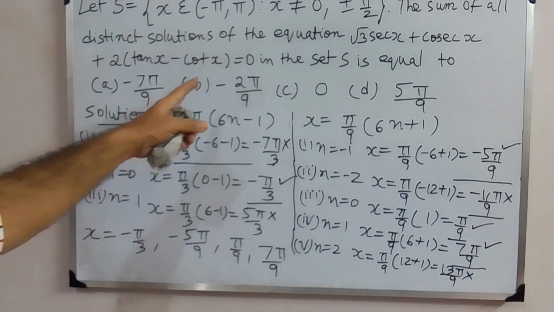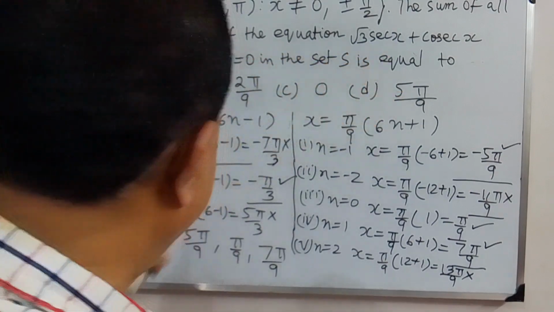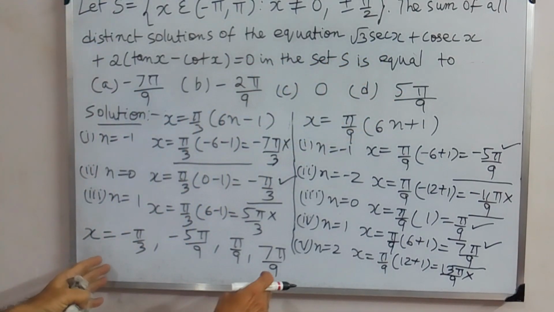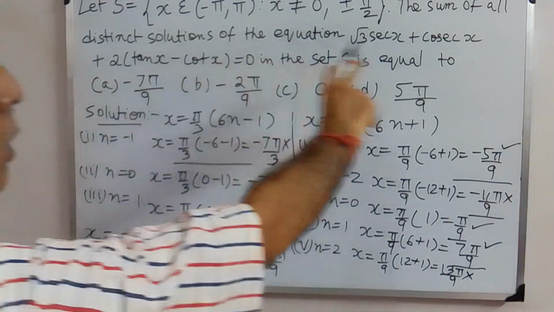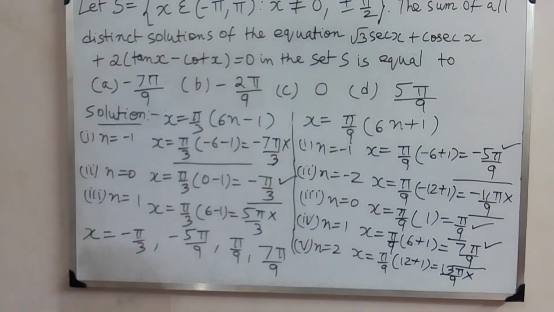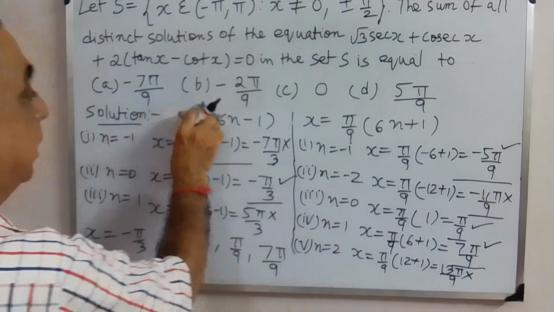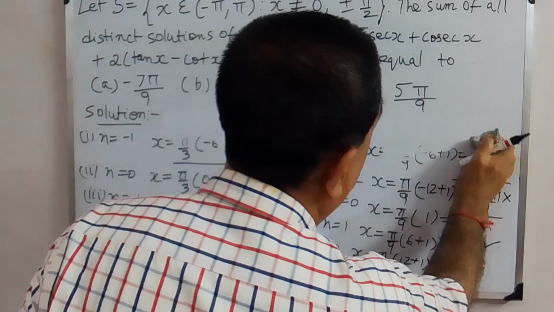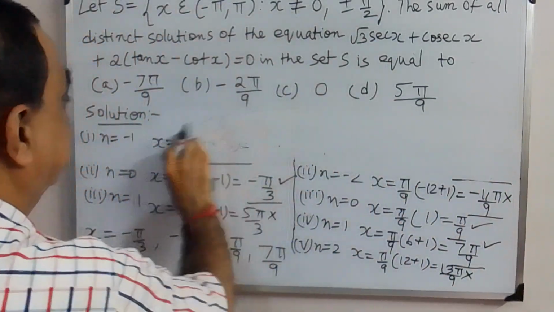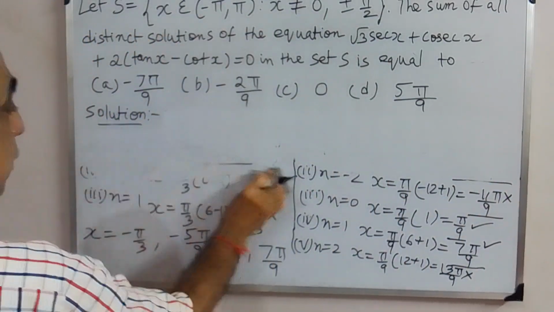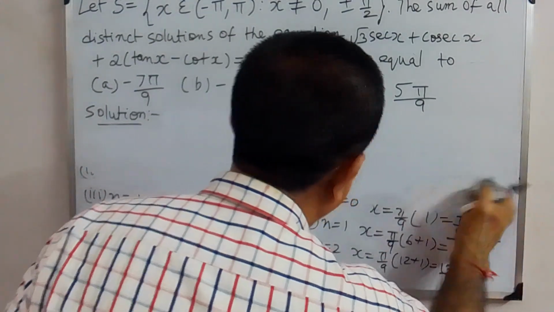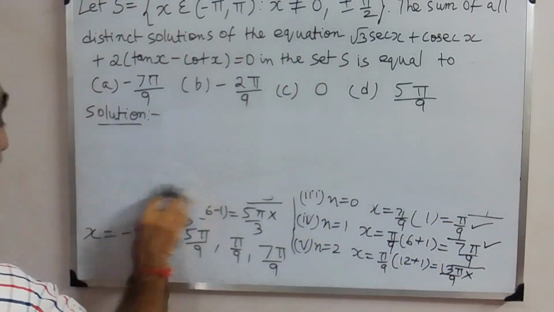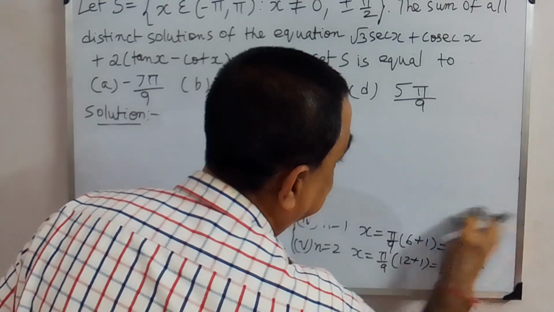Now in the question it is asked to add up all the values of x, the sum of all the distinct solutions. So we have to add up all these different values of x that we have got. Now add them up and tally with the given options.